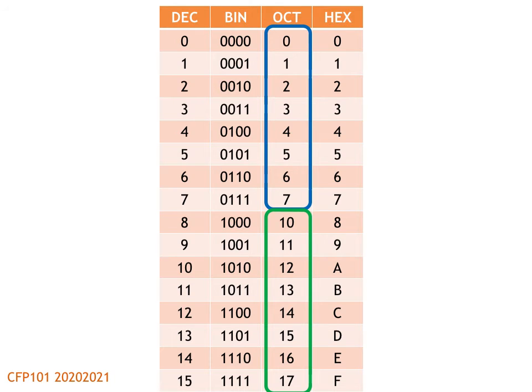Now, let's concentrate on the blue rectangle. 0 to 7, when you look at the equivalent in binary, have 000 down to 111. Now, the next box, the green one, when you look at the binary, also starts from 000 and goes down to 111.